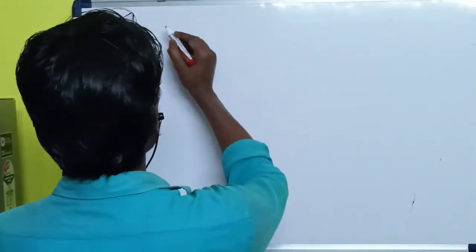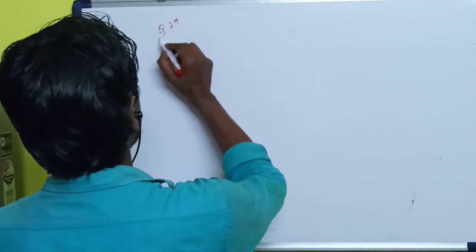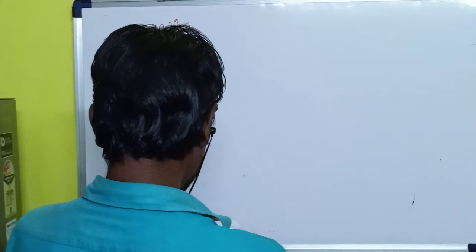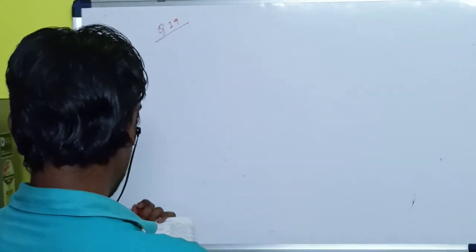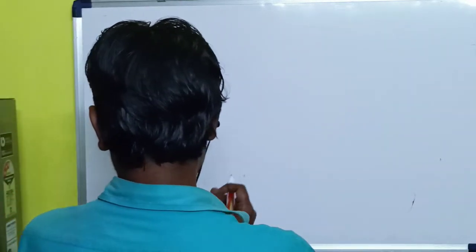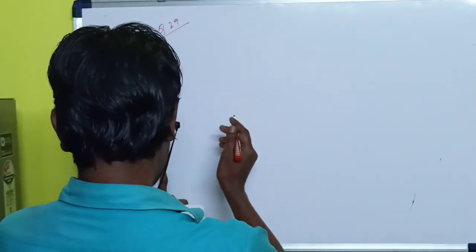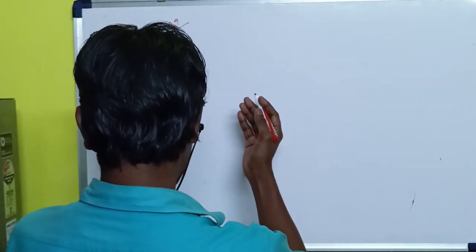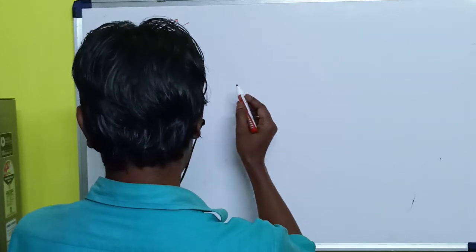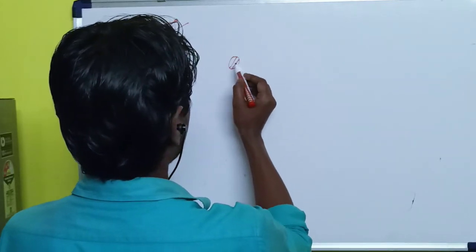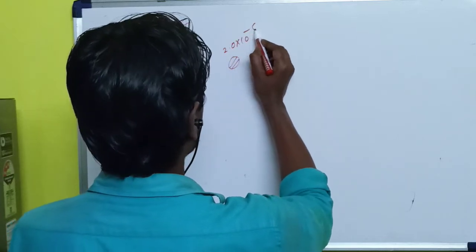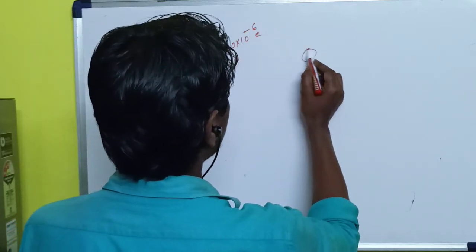So question number 29. A charge is held fixed on a horizontal table. So there is a charge of 2.0 into 10 to the power minus 6 coulomb, and there is another charge.